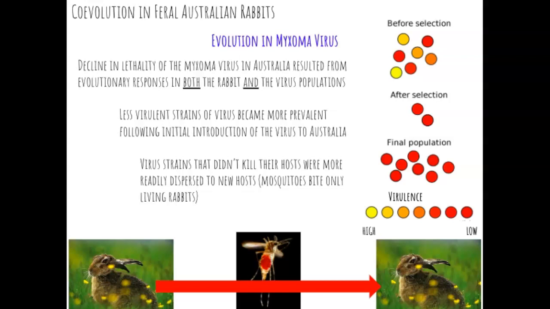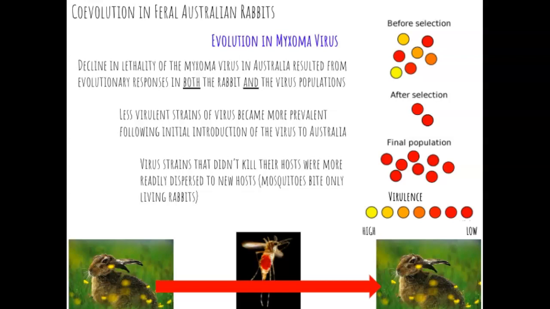So if you have an incredibly virulent strain of a virus and it kills its host really quickly before it can reproduce and infect other hosts, that strain is not going to survive. So over time, viruses are selected to be a little bit more benign and less deadly because they are unable to survive and be passed on to new hosts if they're very deadly.